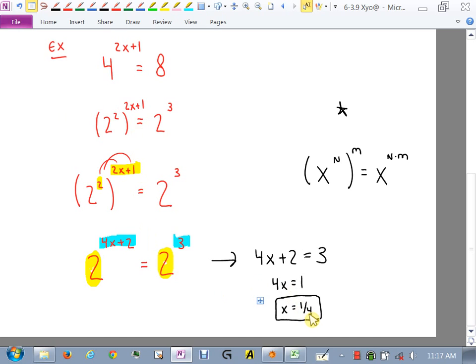Yep. All right, let's try one. How about 4 to the negative 2x plus 5 equals 1/16?